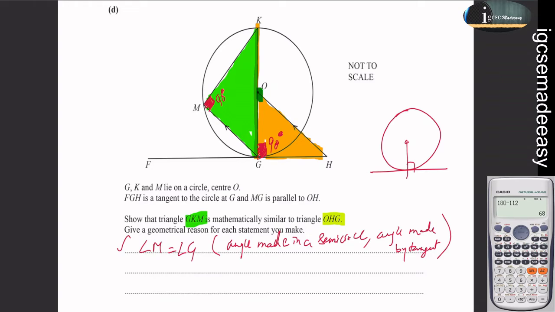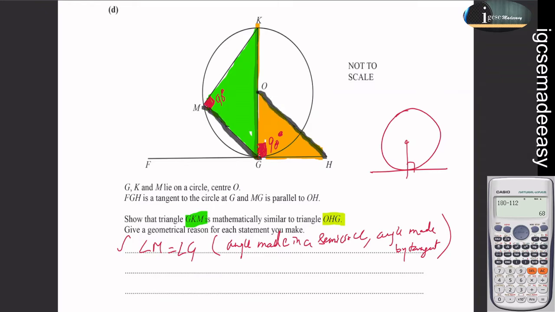The second thing that we can prove is, it is also given that you can see this line is parallel to this line, right? I'll not draw that because it's going to disturb. So this line is actually parallel to this line.